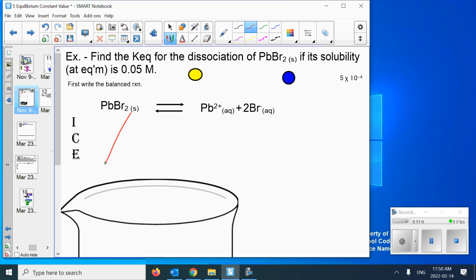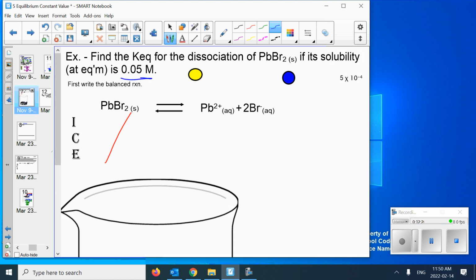As those things break up, they don't affect the equilibrium calculation. Yes? What's that? Why did you put the line? Because it's solid. That's right. But it doesn't appear in the K expression. The aqueous stuff does.